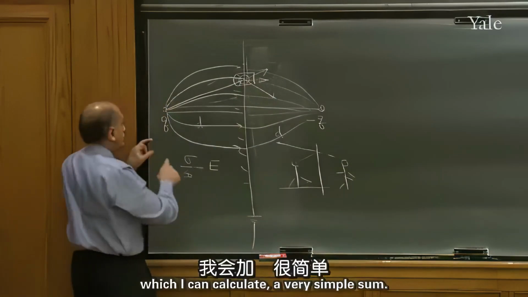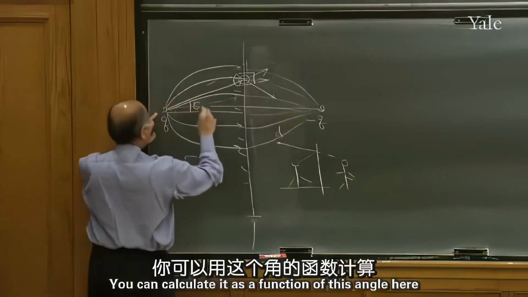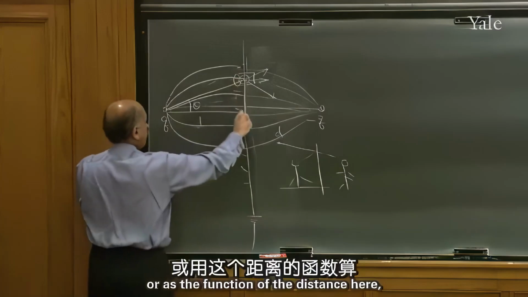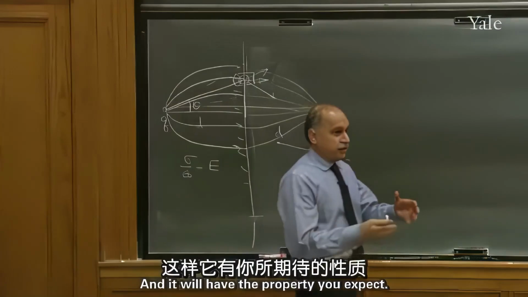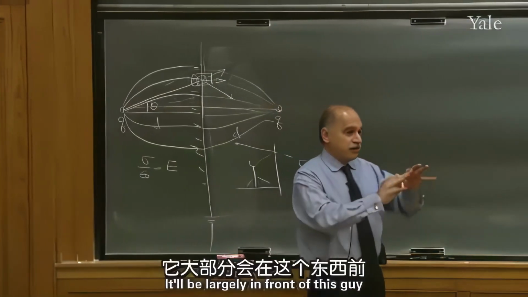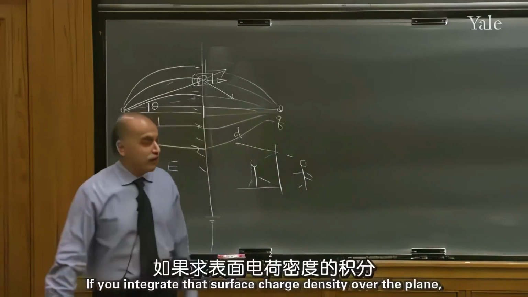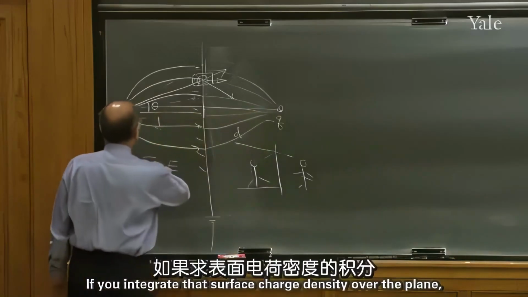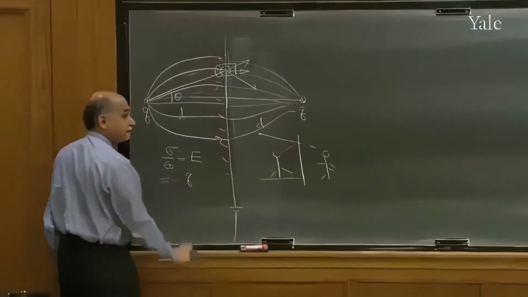It's a very simple sum. It's a contribution from 2 point charges. You can calculate it as a function of this angle here, or as the function of the distance here, and that will tell you what sigma is. And it will have the property you expect. It will be largely in front of this guy and will vanish very quickly when you move away from it. If you integrate that surface charge density over the plane, you will in fact get minus q.